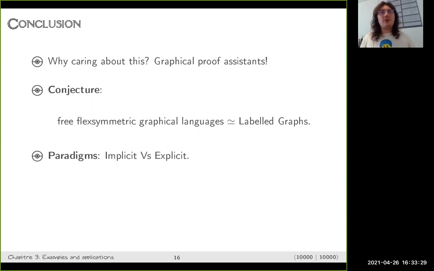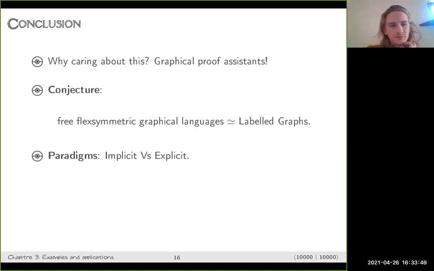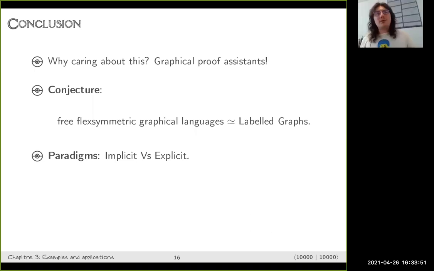But for me, this is really not a notion itself, flexsymmetry up to a dualizer. It's just a situation where you say, okay, I'm not in a good situation, but I can twist my language a little bit to be in a good one. For me, this conjecture is a point in proving that flexsymmetry is not ad hoc. So flexsymmetry up to dualizer would be even more ad hoc.